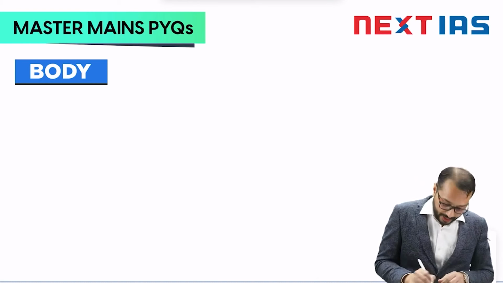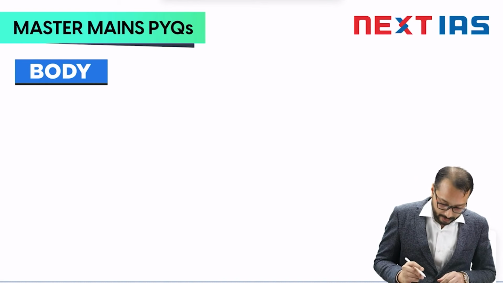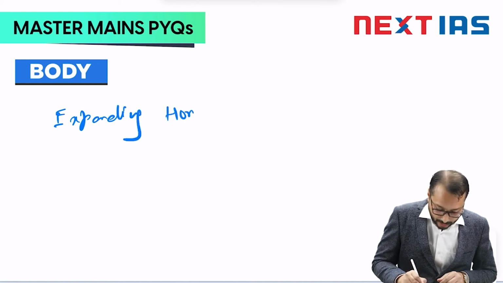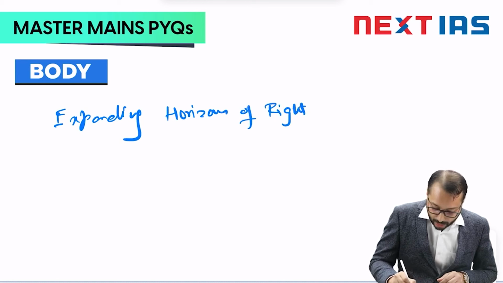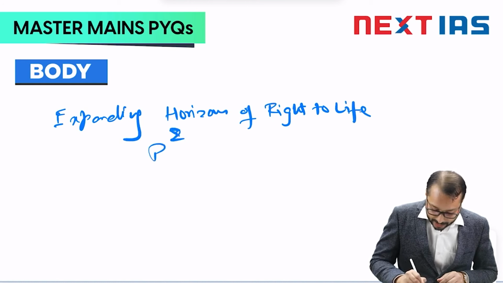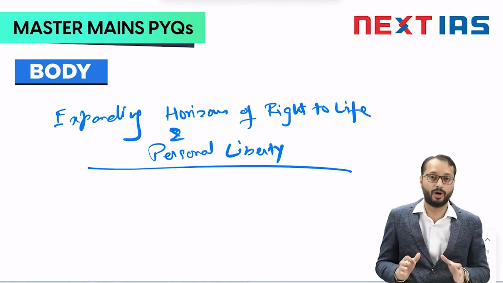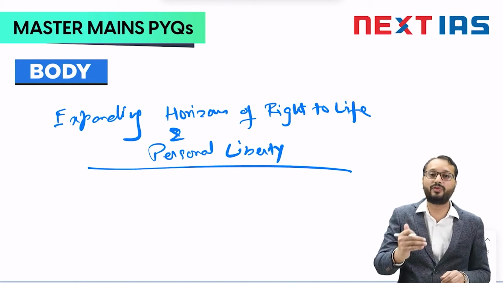So we will create another heading: expanding horizons of the right to life and personal liberty, right? So this is your heading for the main body, and here you have to take recourse to various judgments.